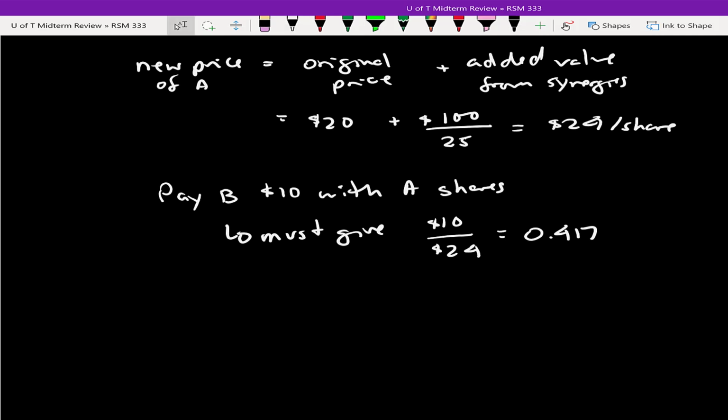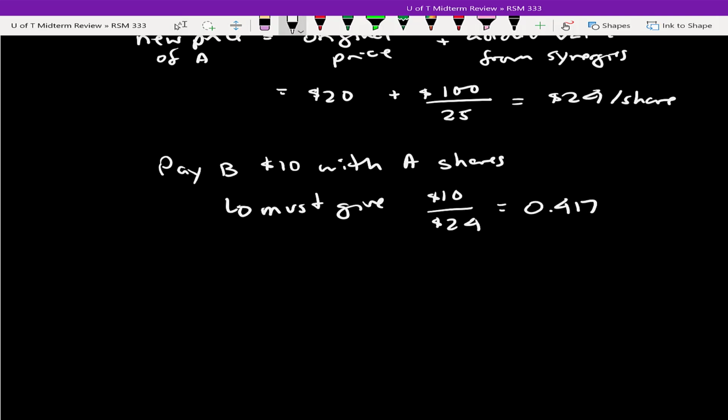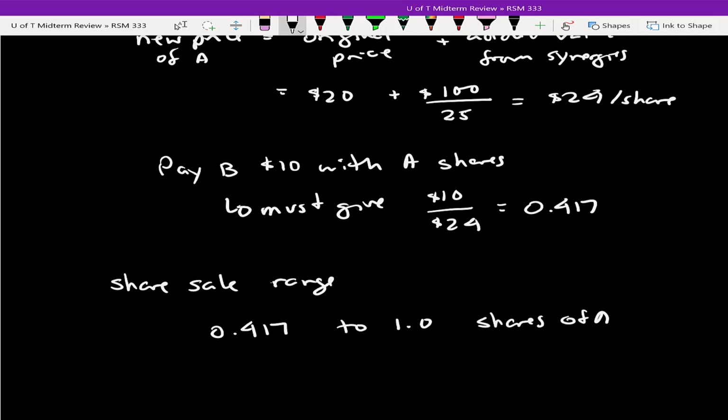So the share exchange range is 0.417 to 1.0 shares of A for 1 share of B. Okay, so the only trick in this one is that on one end of the range, you assume the synergies go entirely to A, and the price has to be recalculated.